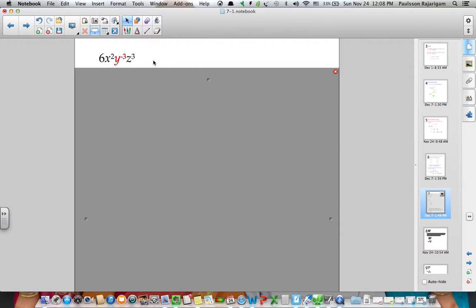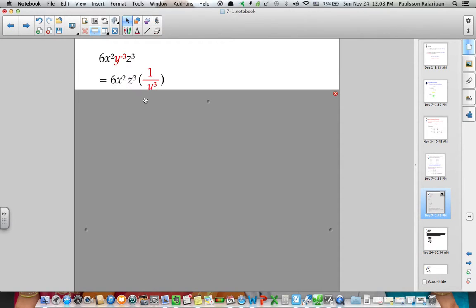I cannot have a negative exponent, and therefore I'm going to change that into a positive exponent. And how do I do that? I rewrite that as 6x squared z cubed, and all those things remain unchanged.